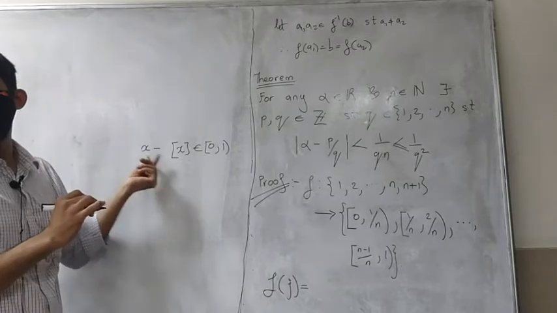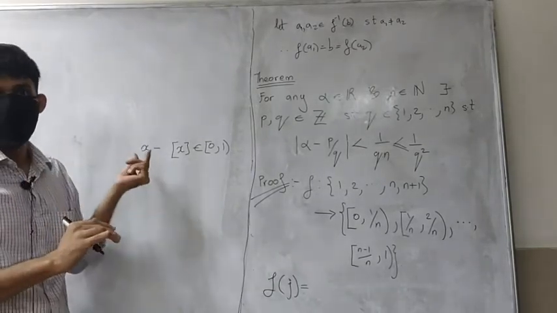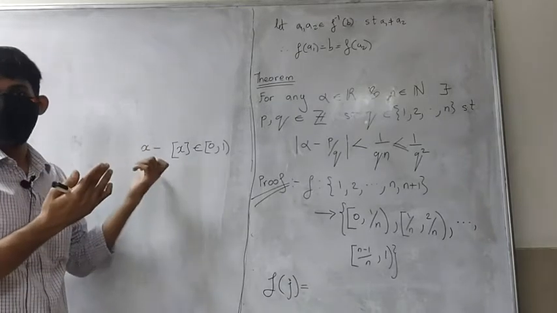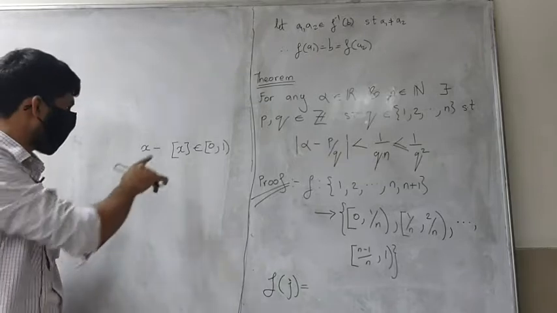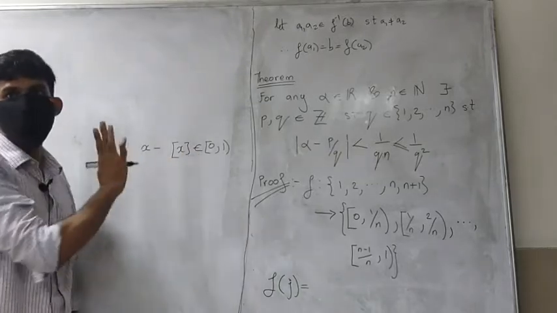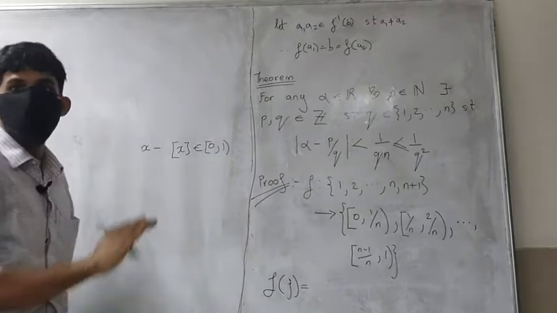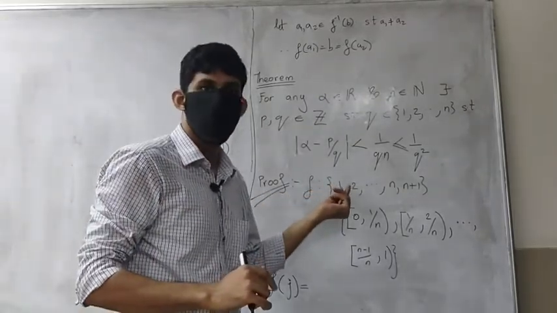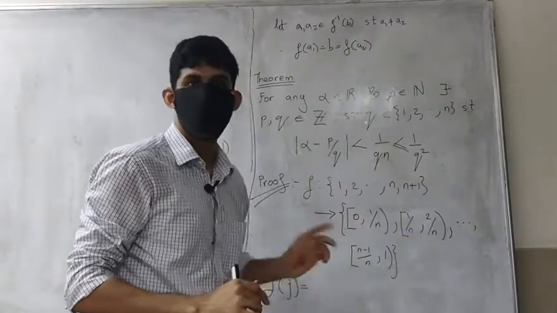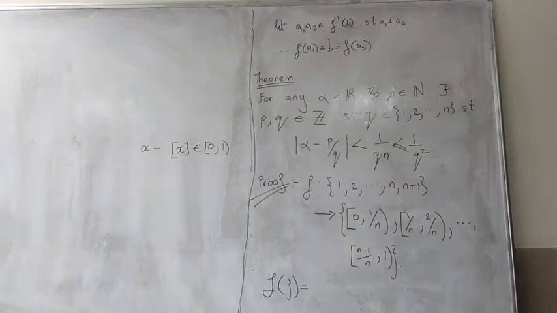If x is positive or negative, in both cases, when it's negative the integral part will become less than this, so this will always be positive. So this quantity lies in 0, 1, which means that it should be in exactly one of these.